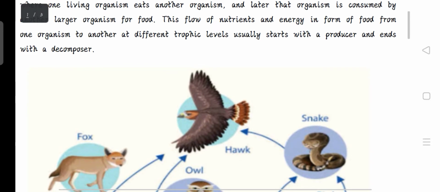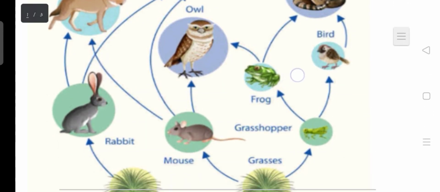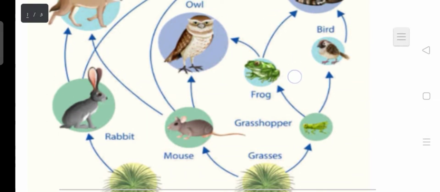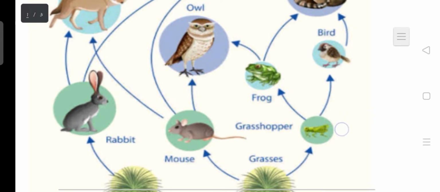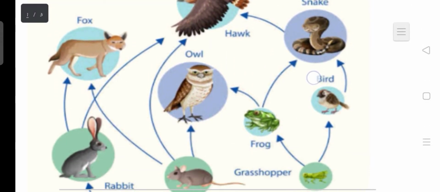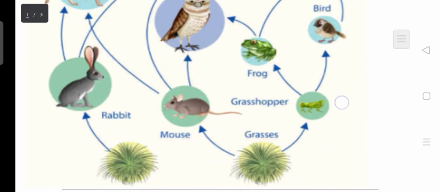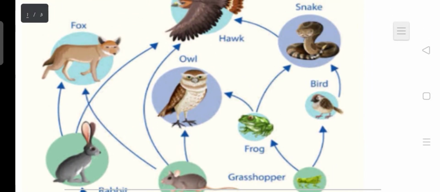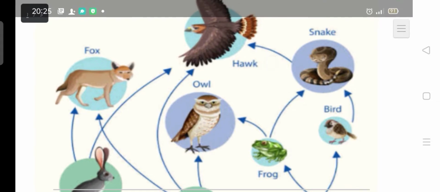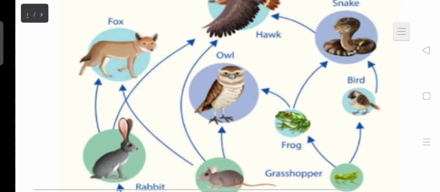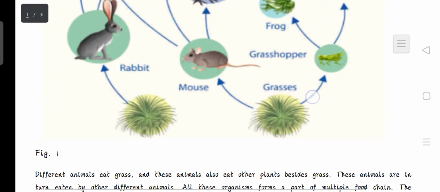When you take a look at this picture, you can see the flow of energy or the transfer of food from one organism to the other. This transfer or flow of food is represented by these arrows that you see here. That's how the food is being transferred from one organism to the other.